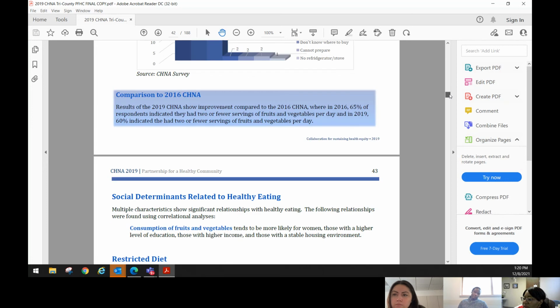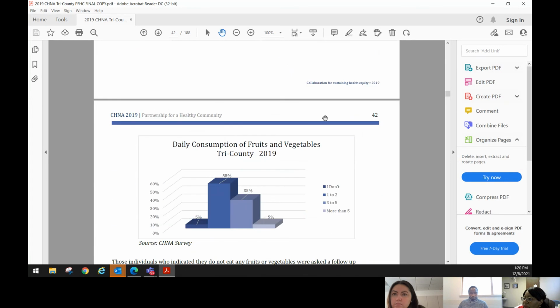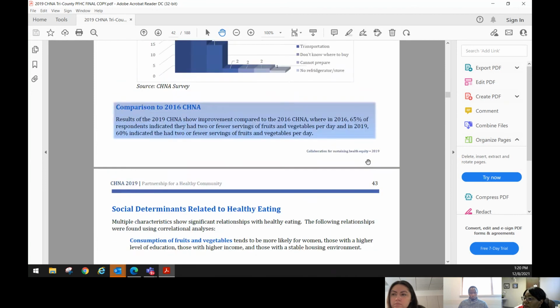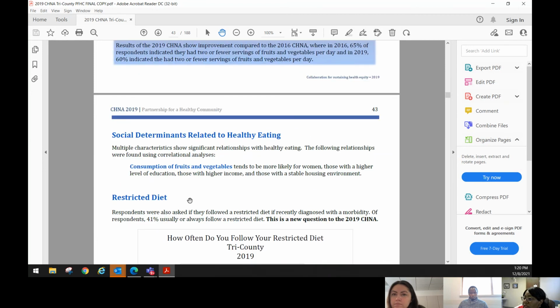So let's jump down. Food insecurity is a priority for us. And even with that, healthy eating, consumption of fruits and vegetables tends to be more likely for women, those with a higher level of education, those with higher income, and those with a stable housing environment.